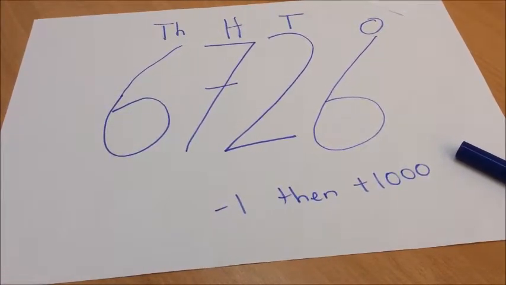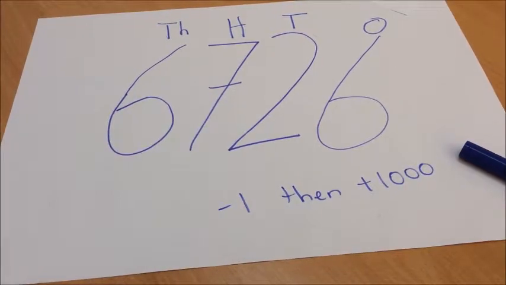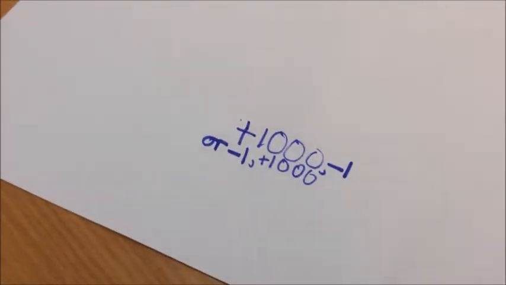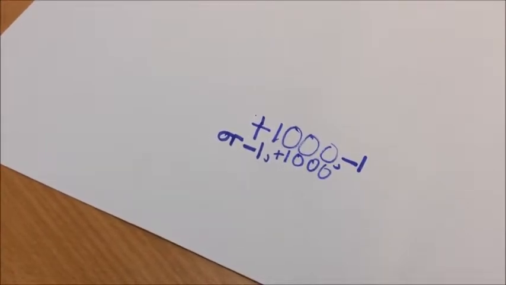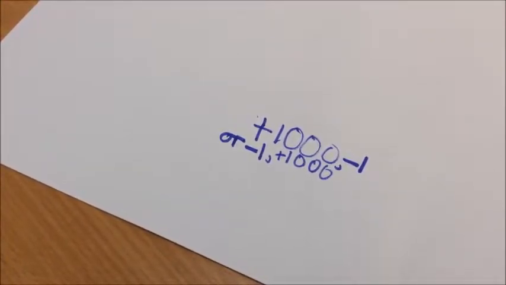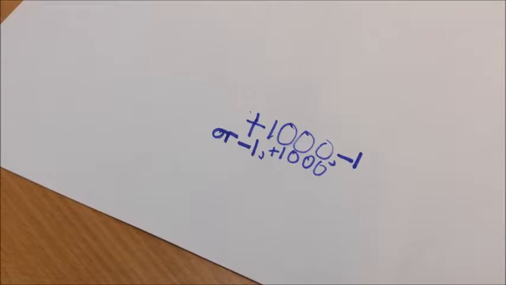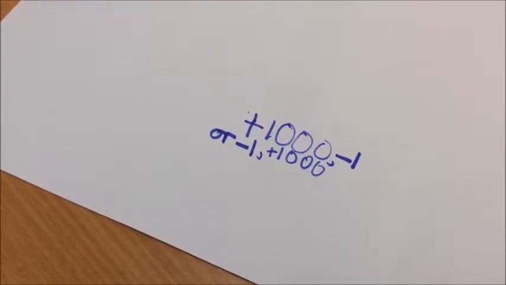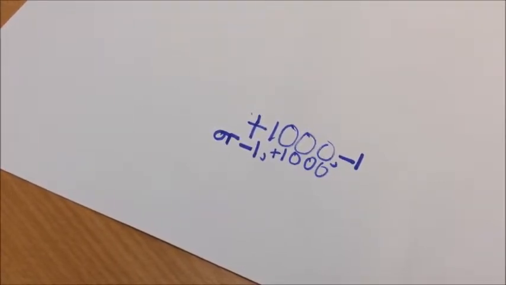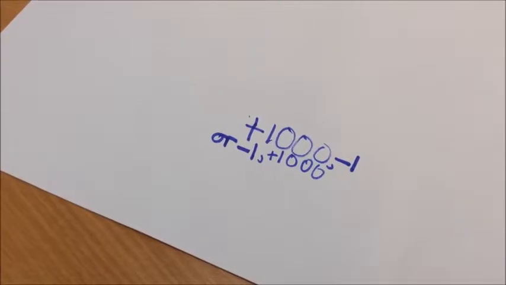So off camera, we just discussed which is the best one. Your first rule, which was plus 1,000, take away 1, or your second rule, minus 1 plus 1,000. And you said because you want to keep the same way of working with the smallest column, the smallest digit value, you're going to follow your second rule. Is that right? Yes. Okay, fine.